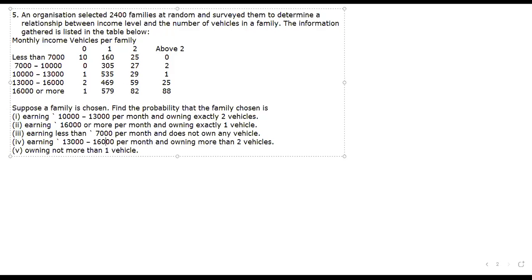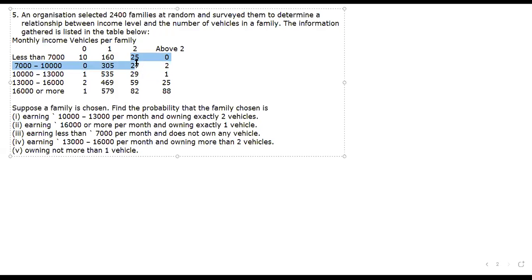Owning not more than 1 vehicle. Read carefully. Not more than 1 vehicle. It means which are allowed and which are not allowed. 0 and 1 are allowed.